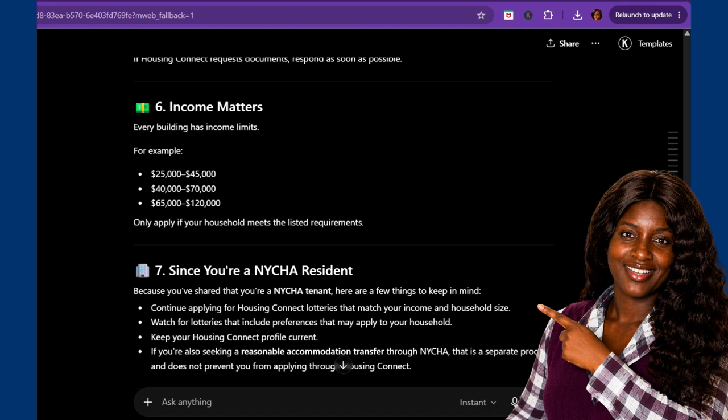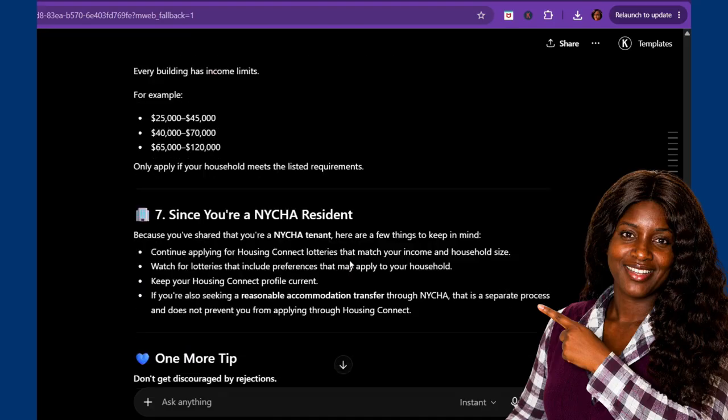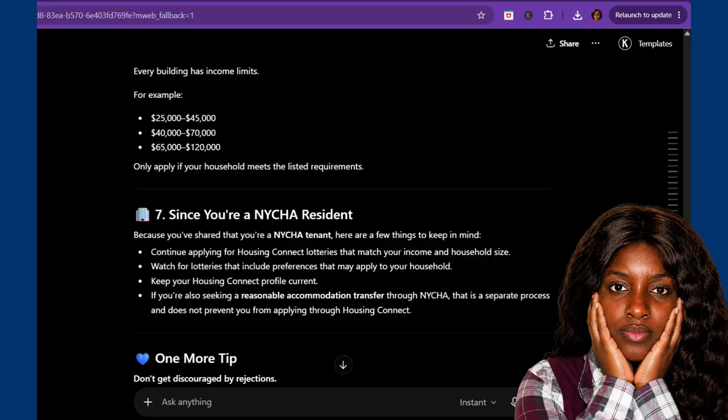Number 7, since you're a NYCHA resident, so that's me, right? I am a NYCHA resident. I can continue applying for Housing Connect lotteries that match your income and household size, okay? Because it's saying, because you shared that you are a NYCHA tenant, which is me talking to ChatGPT, here are a few things to keep in mind. Continue applying for Housing Connect lotteries that match your income and household size.